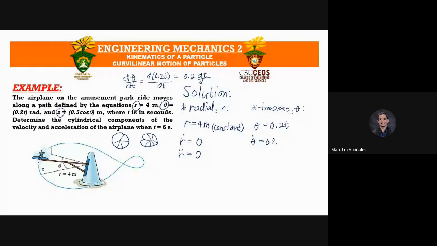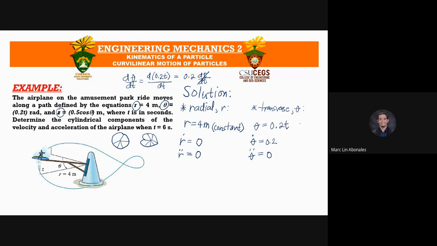So it is direct, since it is still with respect to time, the dt cancels out. So 0.2 is what remains, your differentiation is direct. And for the second derivative, or theta double dot, the angular acceleration, would be equal to 0. Okay, the derivative of a constant 0.2 is equal to 0.